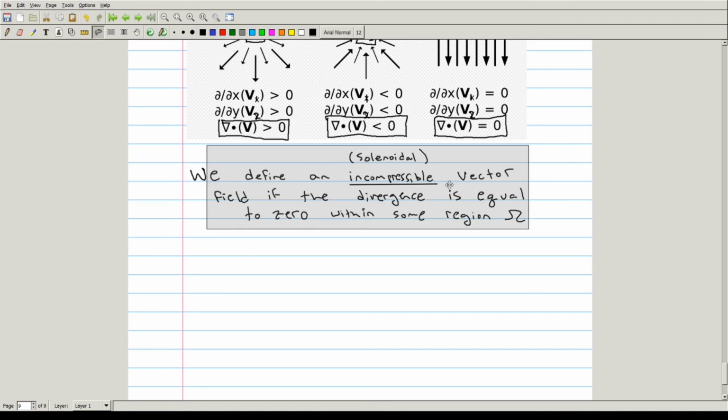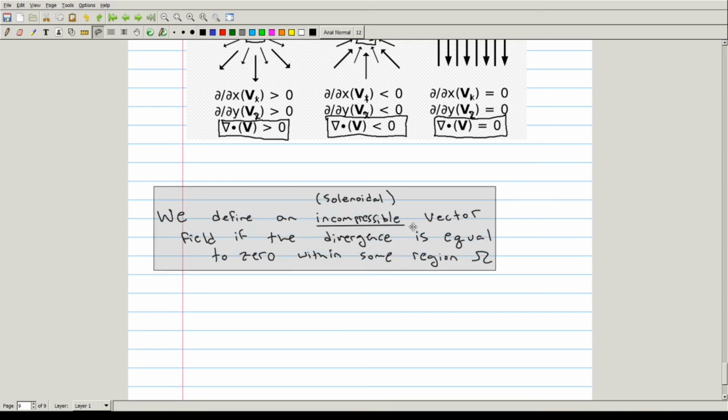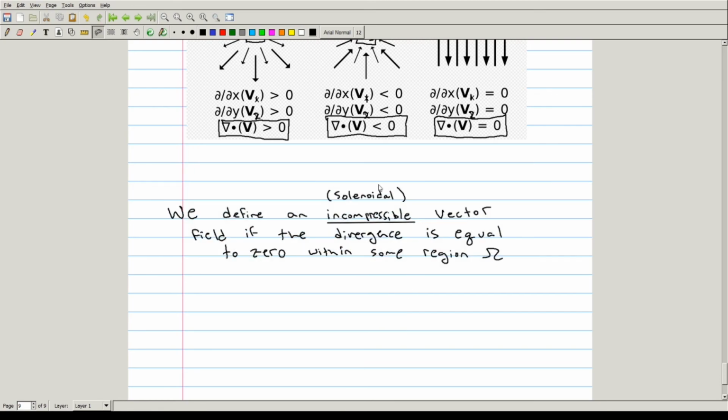And we'll be very clear here: it is only within the region Omega that it's said to be solenoidal or incompressible.